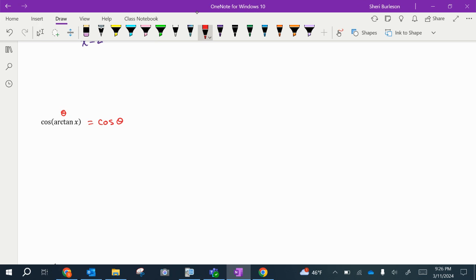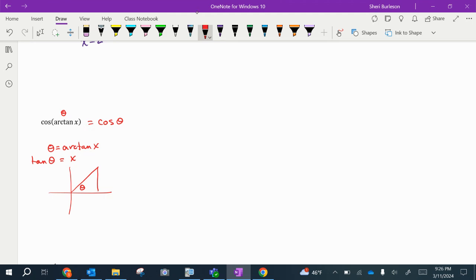But what I know about that theta is that theta is equal to the arctangent of x, or in other words, x is equal to the tangent of theta. So I'm going to draw this with a quadrant 1 orientation because I don't know if x is positive or negative. If I do it with quadrant 1 orientation, it'll work itself out if I have a negative.